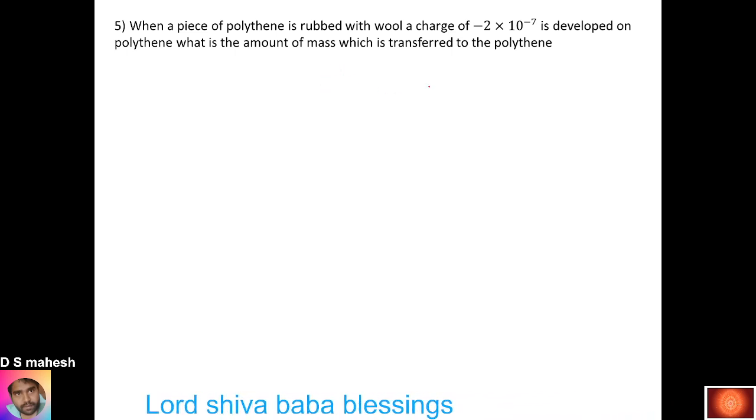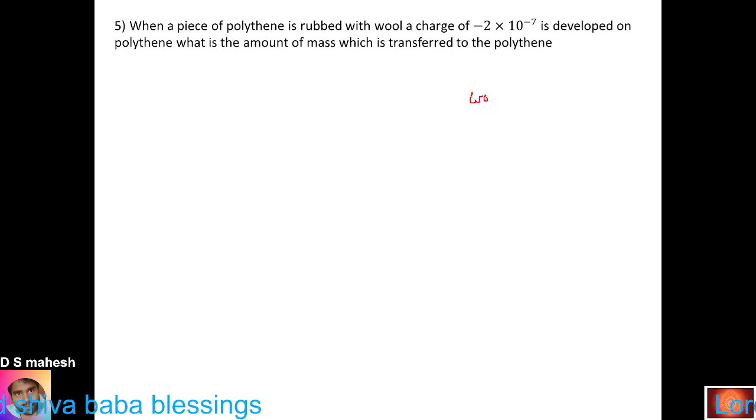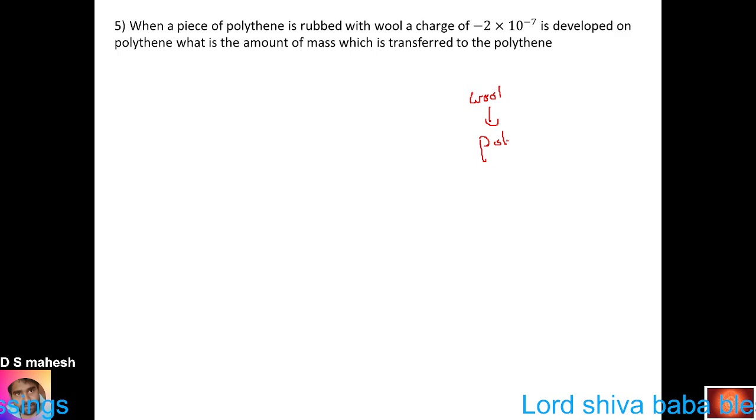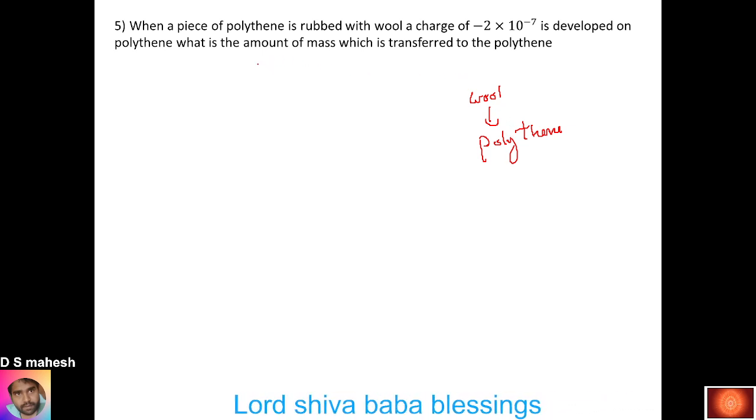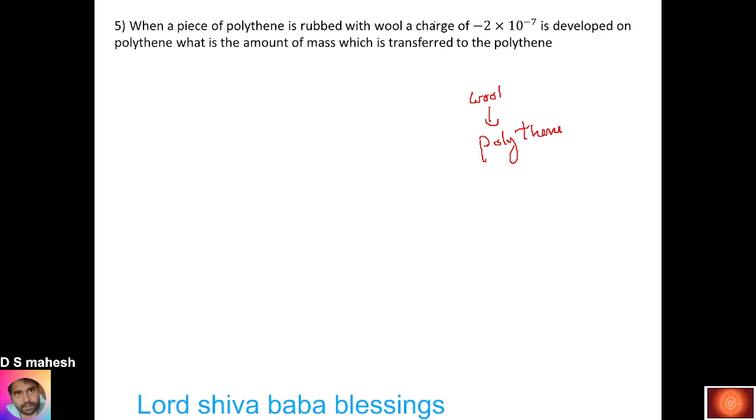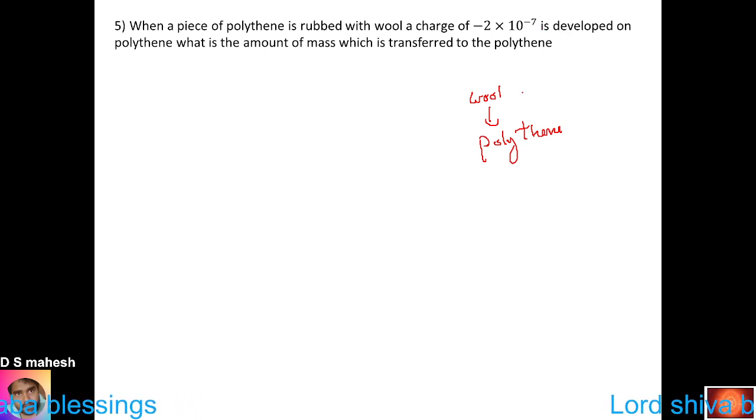From the previous video, we came to know that when wool is rubbed against polythene, a charge of minus 2 into 10 to the power of minus 7 is developed on polythene. So what happens?